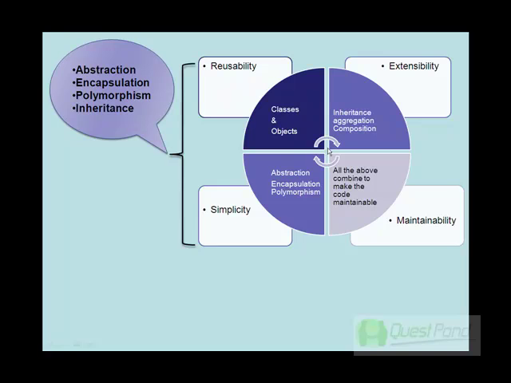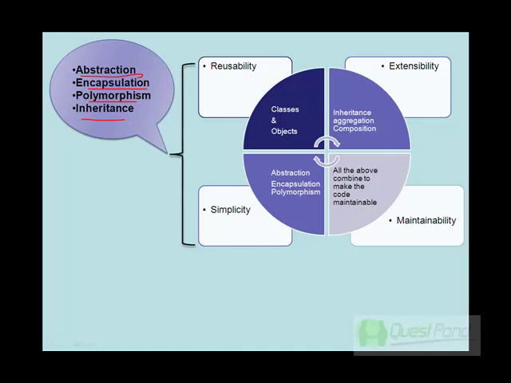So let's sum up. We talked about the various problems and how object-oriented programming solves the functional programming problems. We sum up with four important characteristics of object-oriented programming: first abstraction, second encapsulation, third polymorphism, and fourth inheritance.